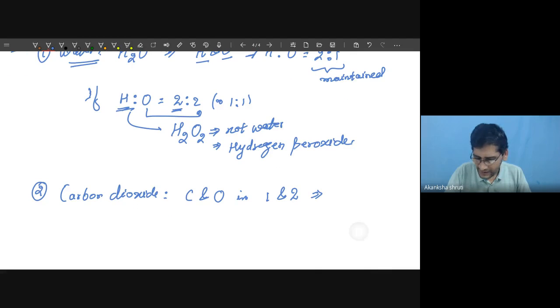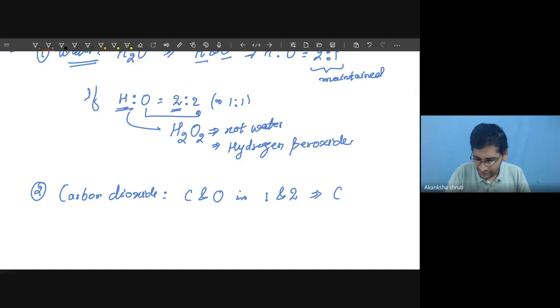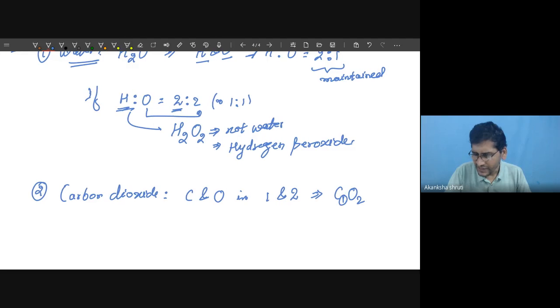So the molecular formula becomes carbon 1 time, so 1, oxygen 2, but 1 is not written, so it can be dropped and we simply write CO2.